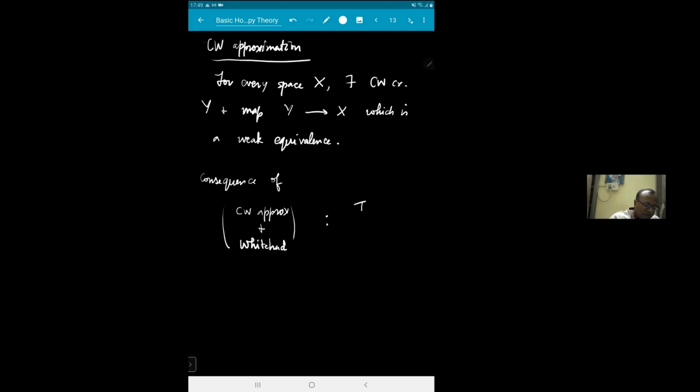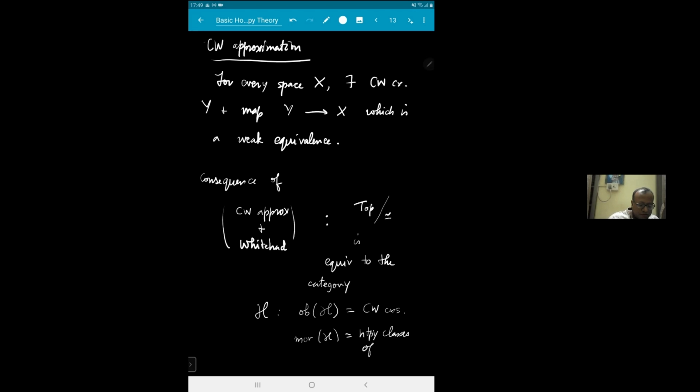So if I look at Top up to weak equivalence, this is equivalent to the category H, where objects of H are CW complexes and morphisms of H are homotopy classes of maps.